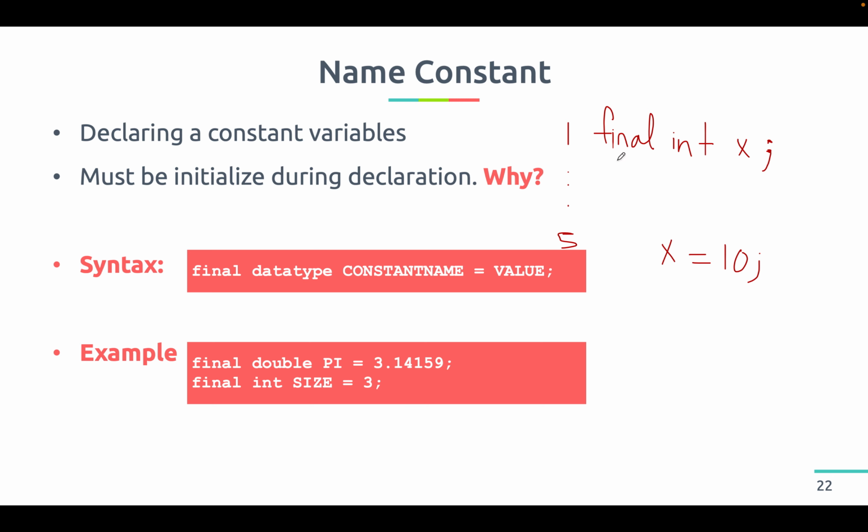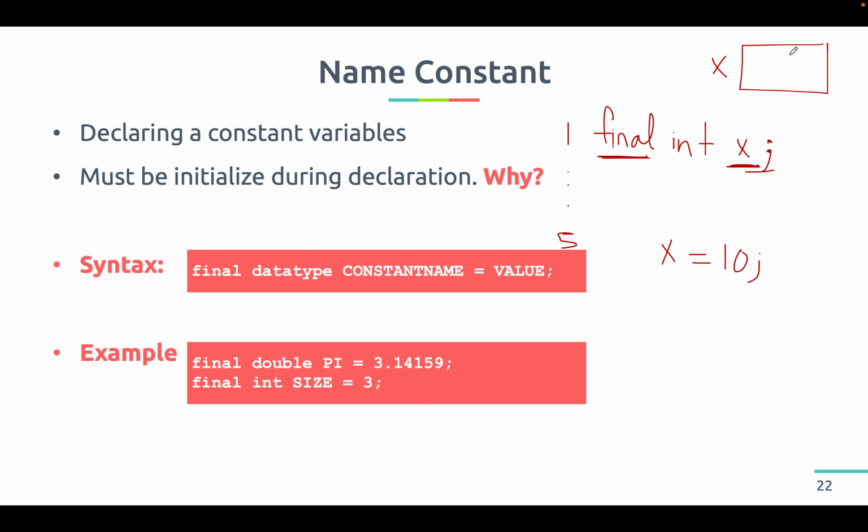Because when we define a constant variable, it means that the value here cannot change. And if we don't give it a value, if we don't assign it to 10 from the beginning, then that means that in our memory, the variable x will be assigned to something. It has to be. So if we don't give it a value, it will give it a default value, or a garbage value in other languages.